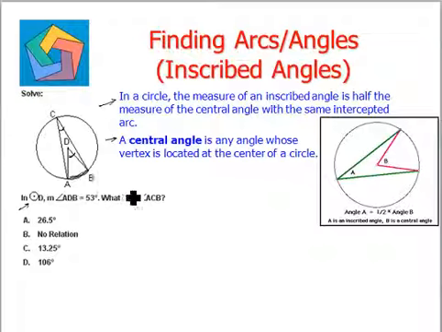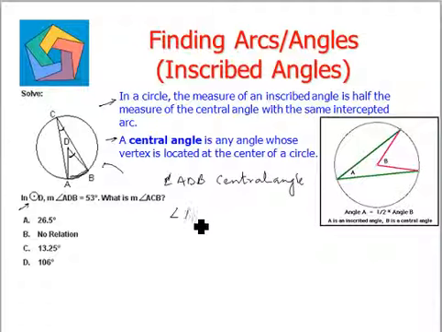So angle ADB in the given question is the central angle, while angle ACB is the inscribed angle, and both are formed by the arc AB.